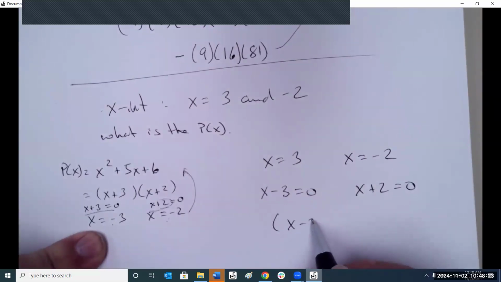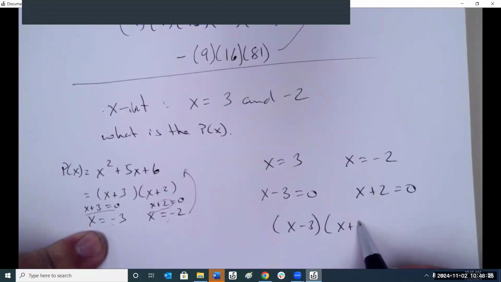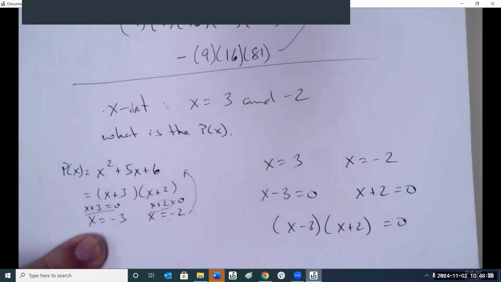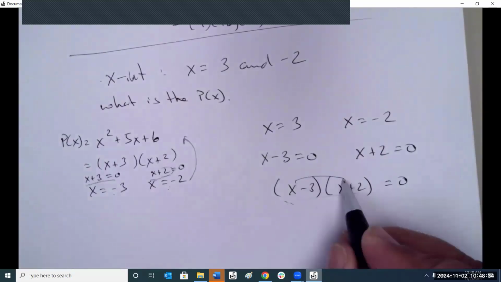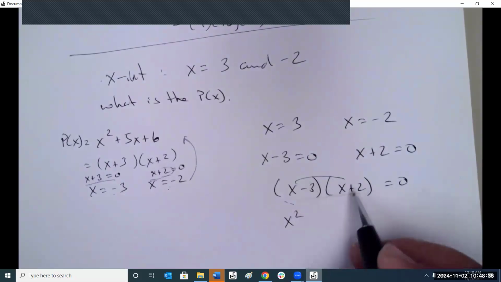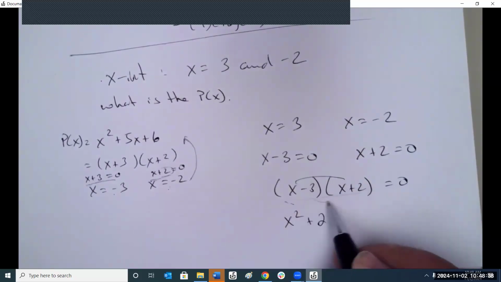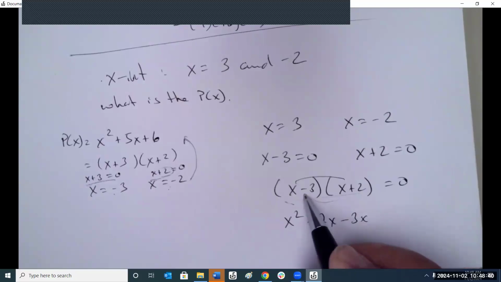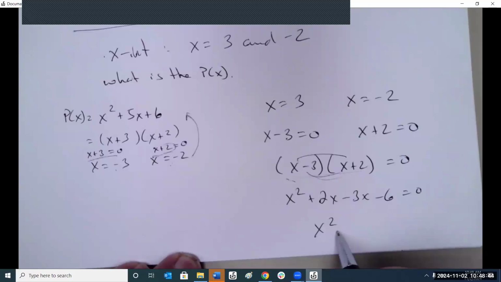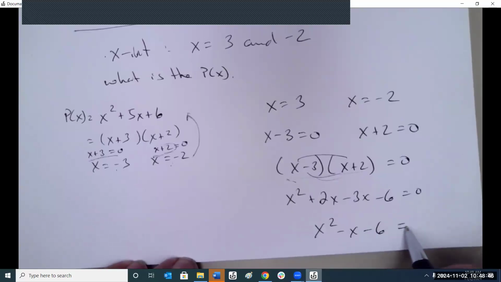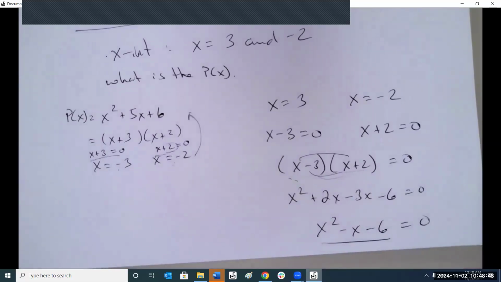So it's (x minus 3) times (x plus 2) equals 0. Multiply these together. x times x is x squared plus 2x minus 3x minus 6. There's your polynomial. If I give you the answers, work your way backwards.